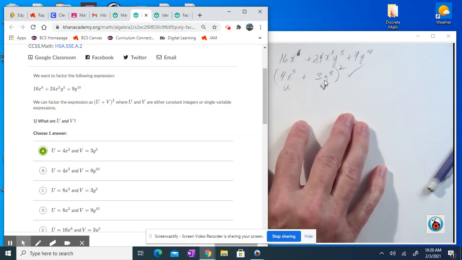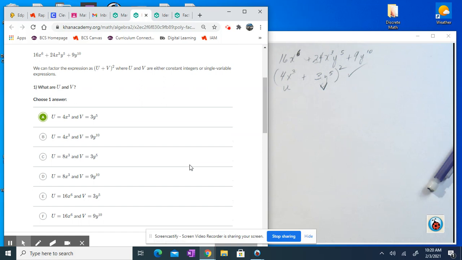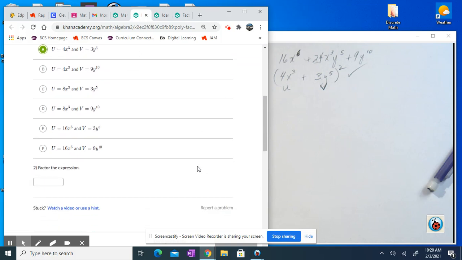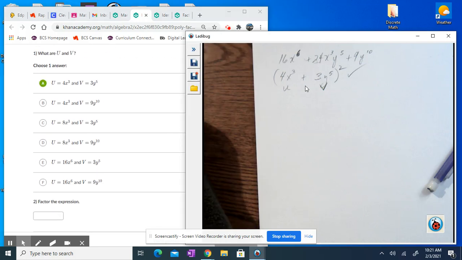So right there should be good. Scoot that over a little bit. Oh, there's a lot of choices. Okay, let's see. Oh, then it wants me to actually factor the expression. Interesting. Okay. So that means I just put that in. Let's try it and see.